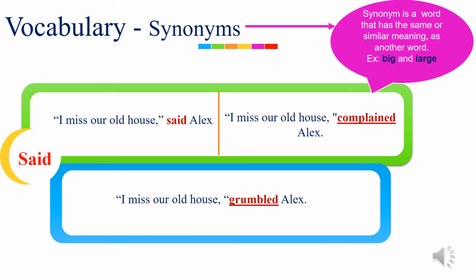Now we are going to talk about the vocabulary part of this lesson. Under vocabulary, we are going to learn synonyms. What are synonyms, children? A synonym is a word that has the same or similar meaning as another word.